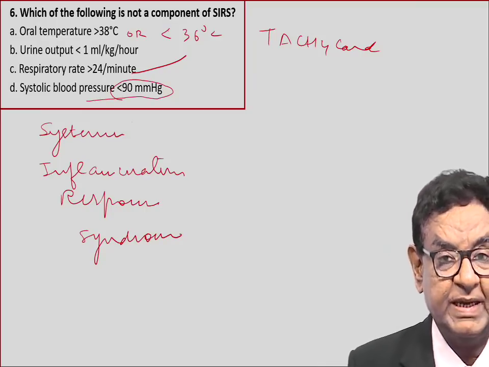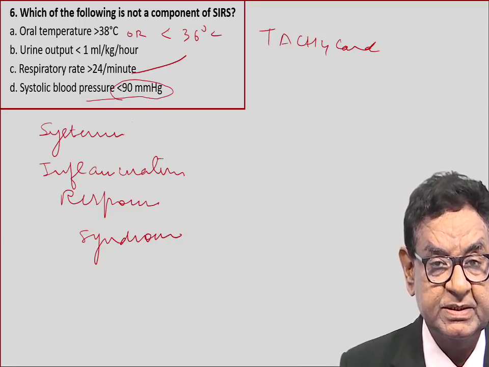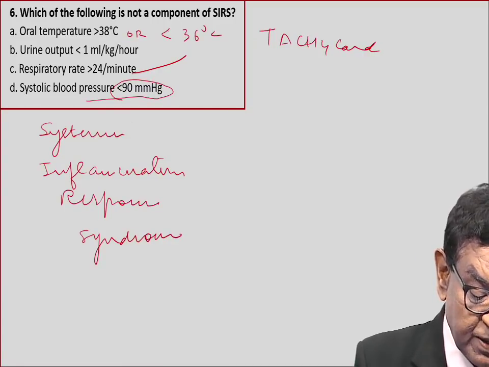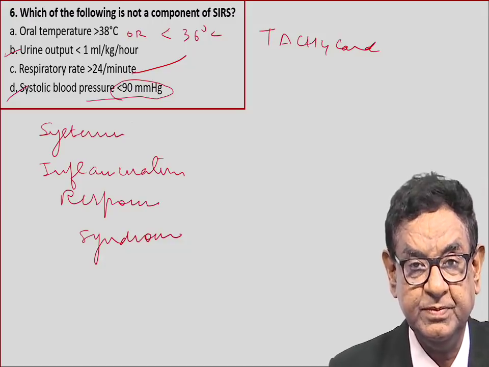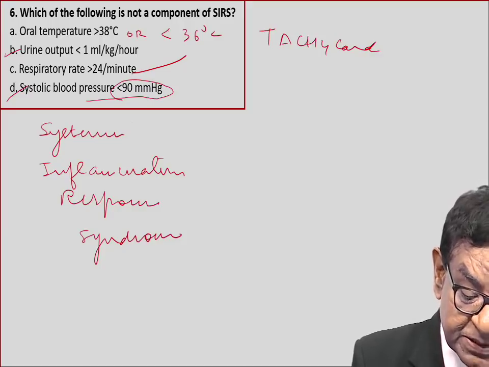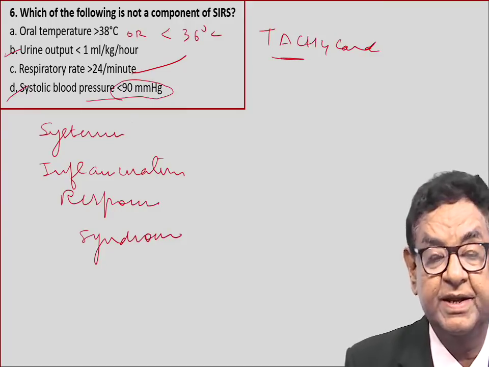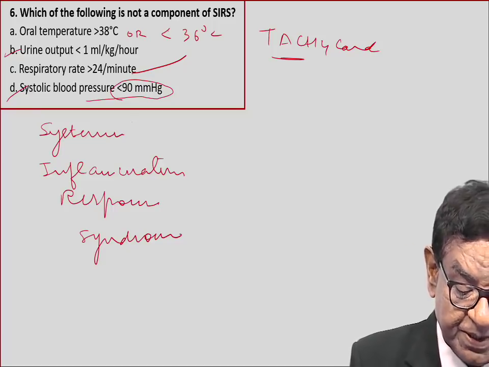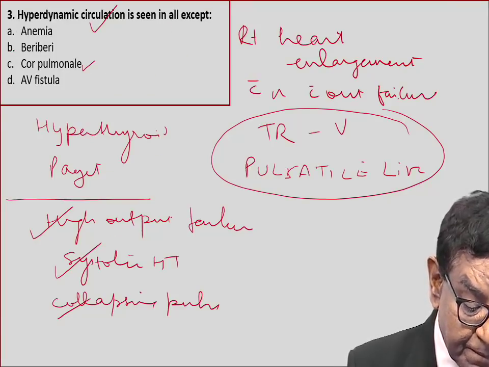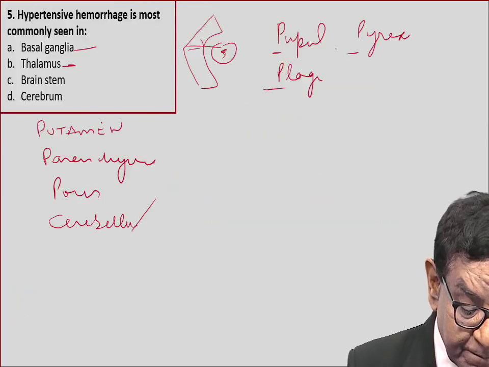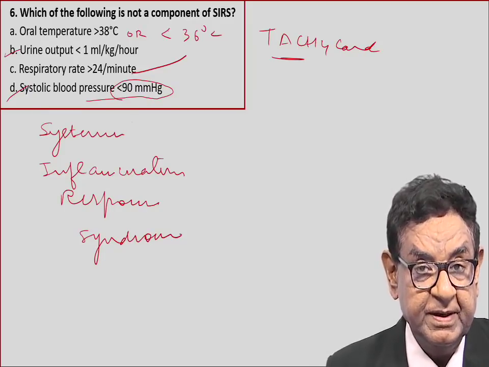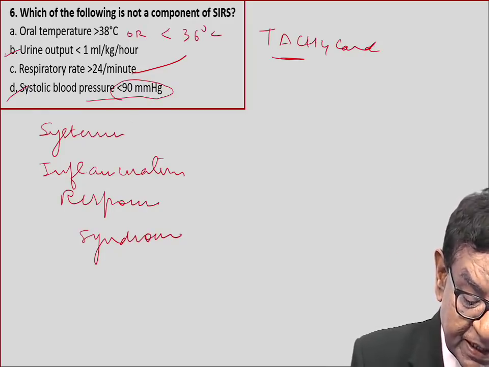In fact, this question that came is a memory based question. Now the answer is both of these. Okay, why? The SIRS include pulse, I told you, tachycardia, temperature, respiratory rate, and TLC count.